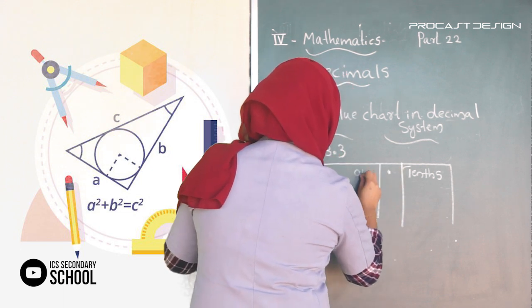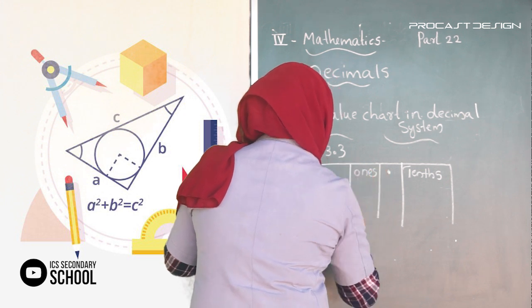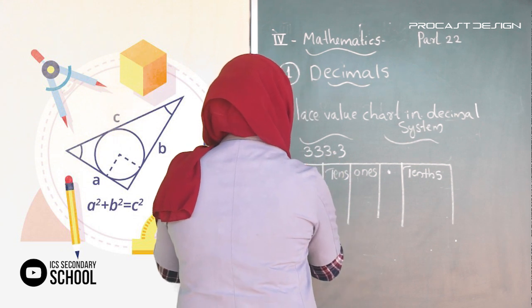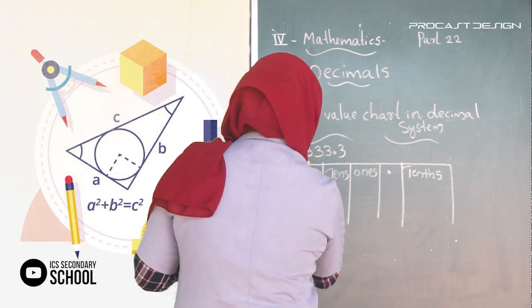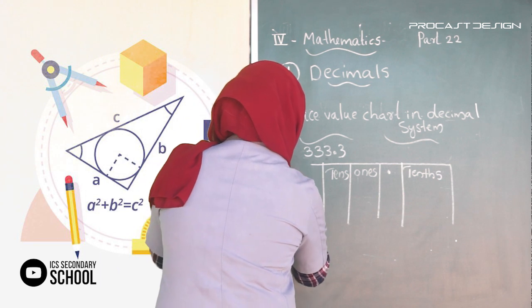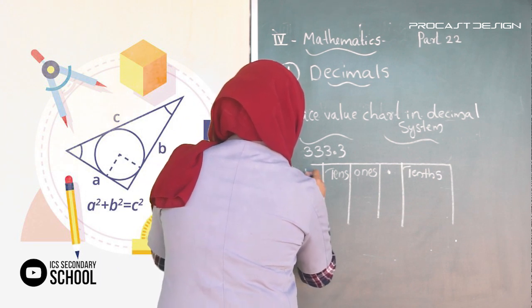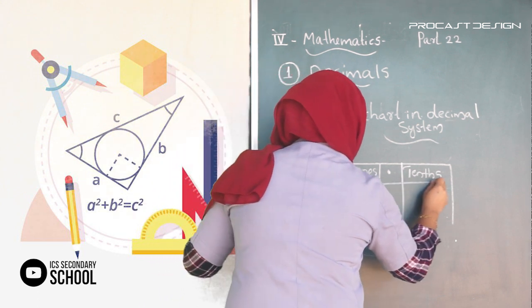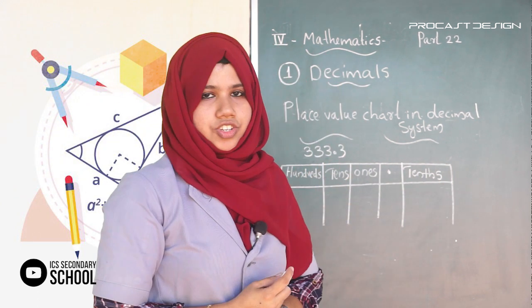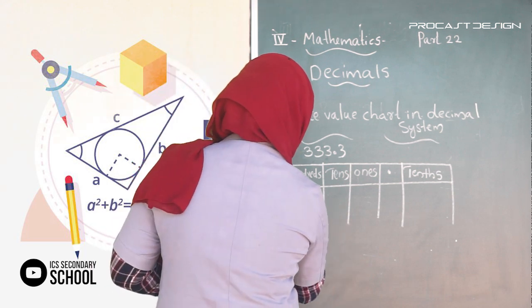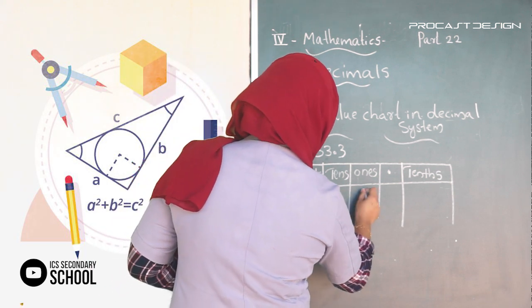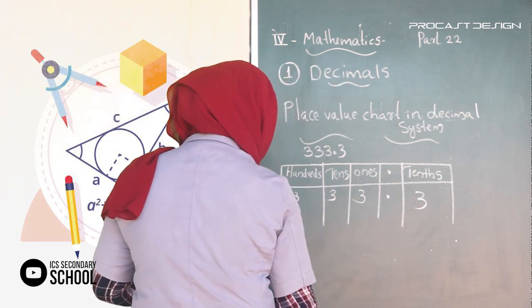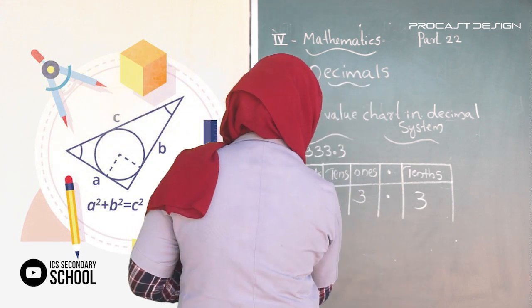Next, ones, tens, hundreds. Now we can arrange 3 hundreds, 3 tens, 3 ones, this is the decimal point, and 3 tenths.